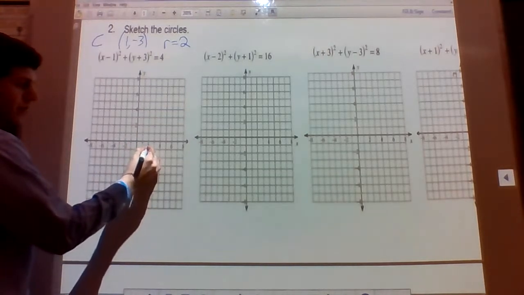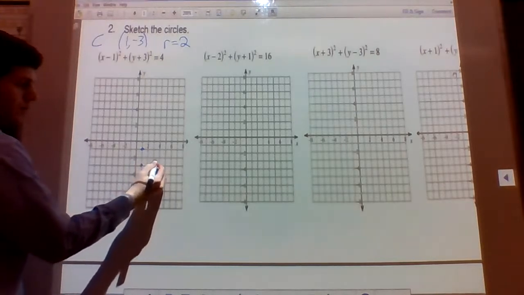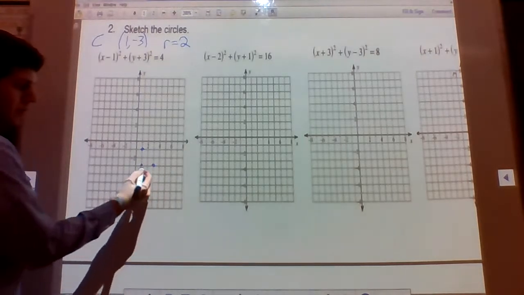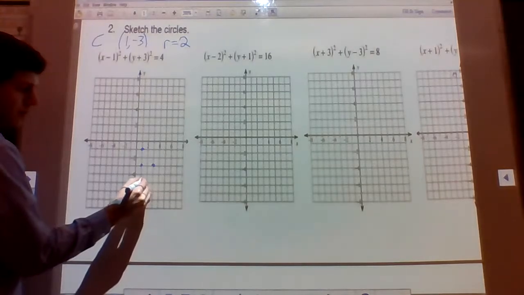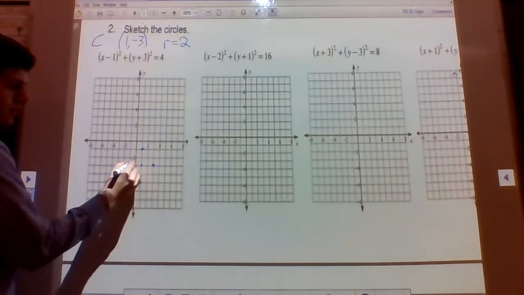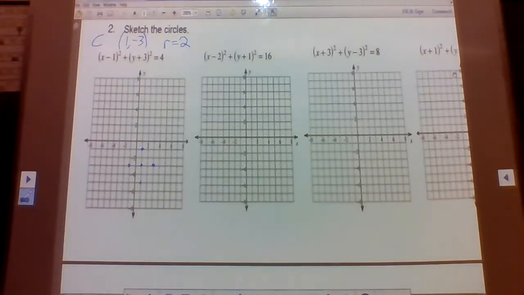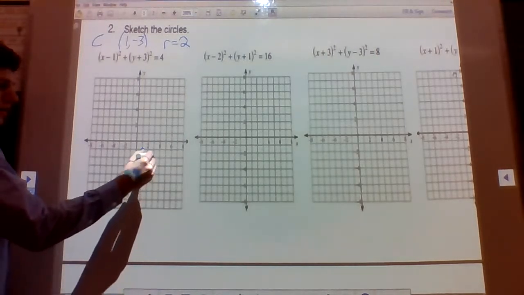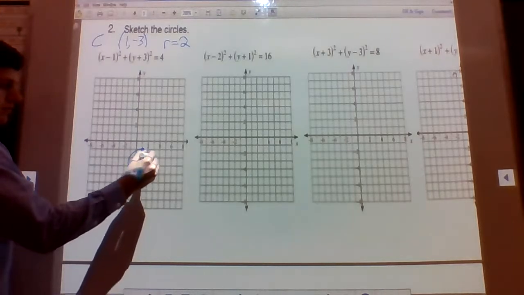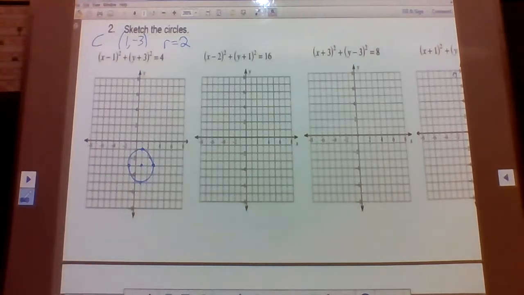And so we know there's a point here on our circle. We can go over 2. We know there's a point here on our circle. We can go down 2, and we know there's a point here. And to the left 2, and we know there's a point here. And then we can simply draw in our circle.